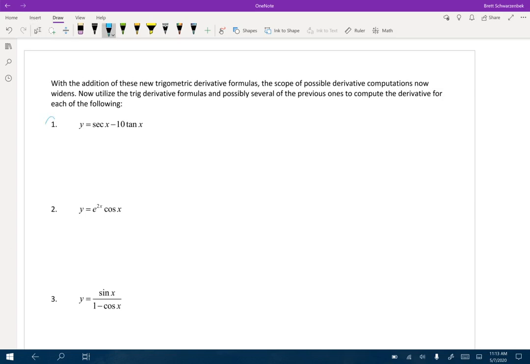So number 1, it says y is equal to secant x minus 10 tangent x. Our goal is to find the derivative. So we need to find dy dx for this problem.